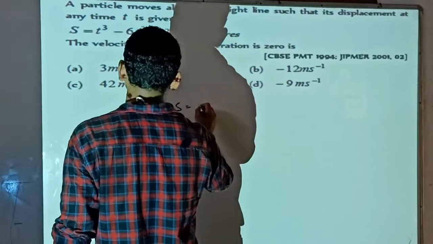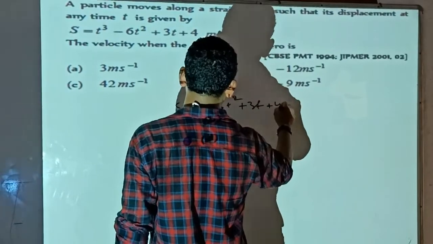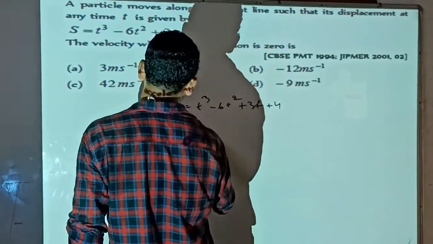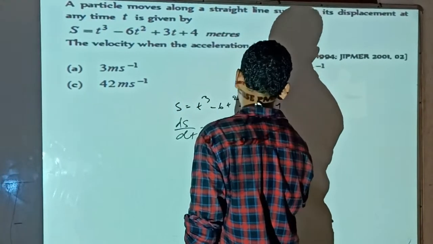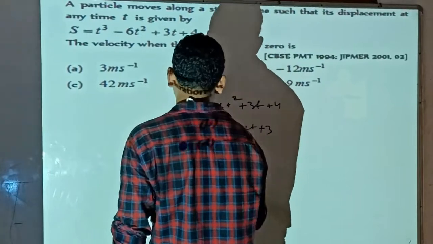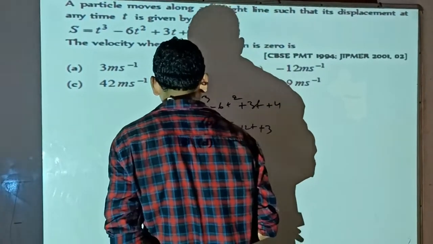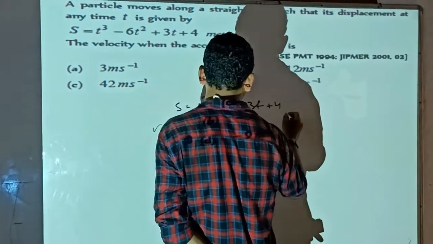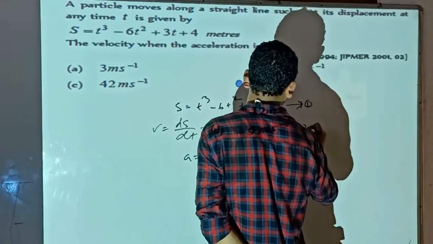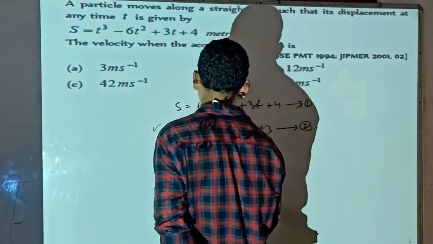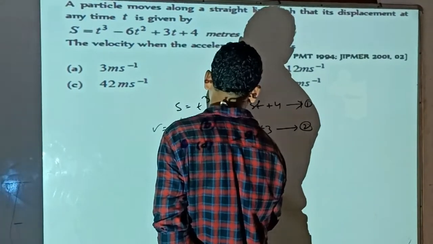So suppose s is given as t cube minus 6t square plus 3t plus 4. So ds by dt will be the velocity, which is 3t square minus 12t plus 3. That is the velocity, and if we take acceleration, it will be 6t minus 12.